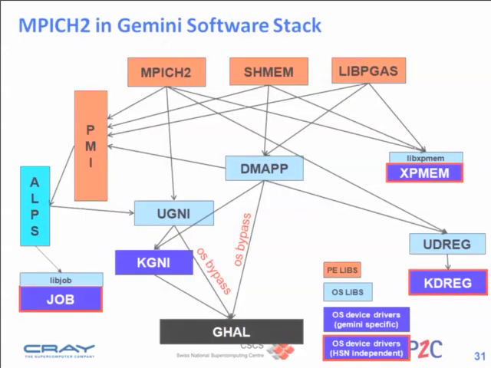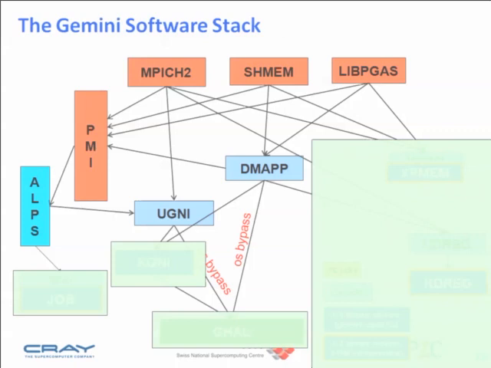This is a very complicated picture of the Gemini software stack. I'm not going to describe this, though I may want to talk a little about some of them. So you have here the user interface to the communication part, and you have libraries here. You can choose to use MPI, which is based on MPICH2.